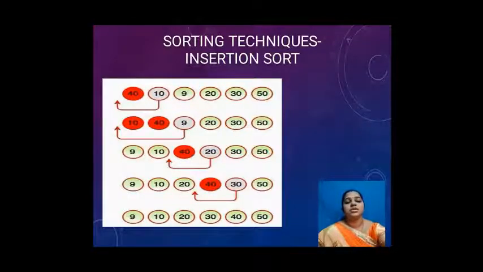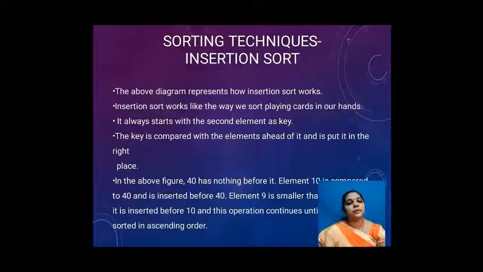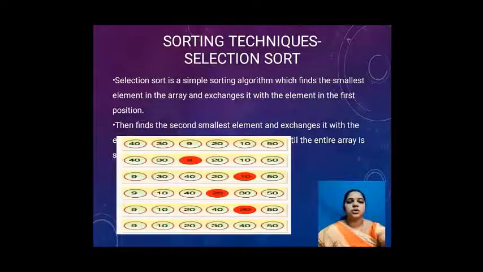Finally we get a sorted array of 9, 10, 20, 30, 40 and 50. The insertion sort always starts with the second element as the key. Comparing with the bubble sort, we started with the first element. Here we start with the second element as the key element, and 40 has nothing before it. So this is the way of the insertion sorting method.